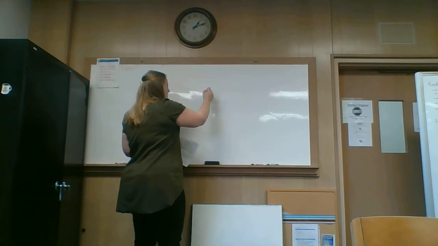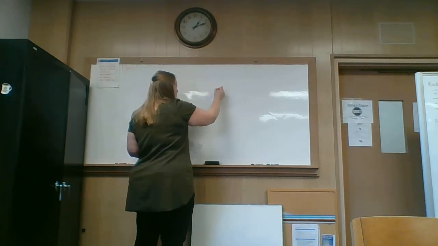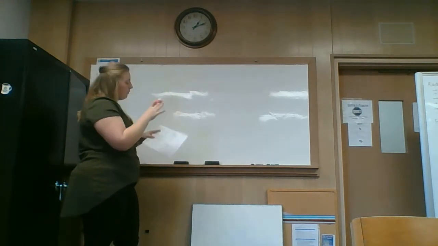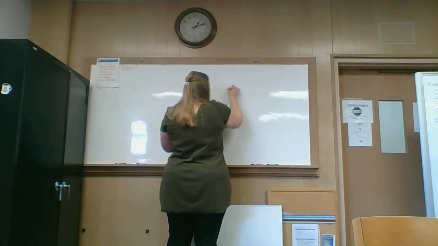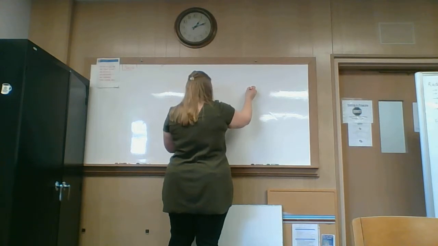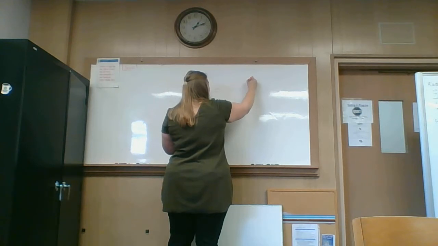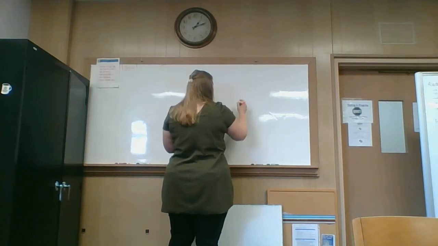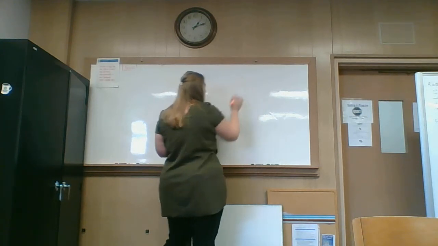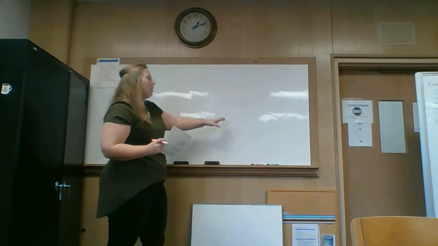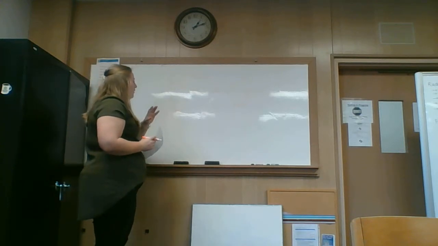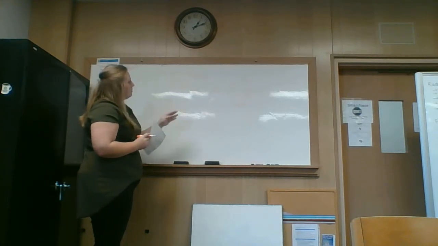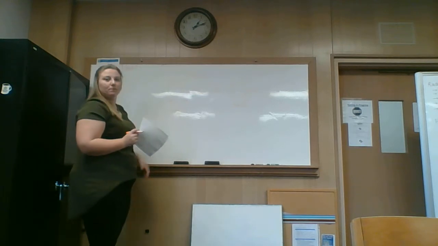So knowing that we can do keto-enol tautomerism, this can technically be broken and reformed into this. Here we have our ketone group, so this would be considered our keto form, okay? So I've given you a couple hints here, and based off of your knowledge of resonance, which one do you think is the more stable form?